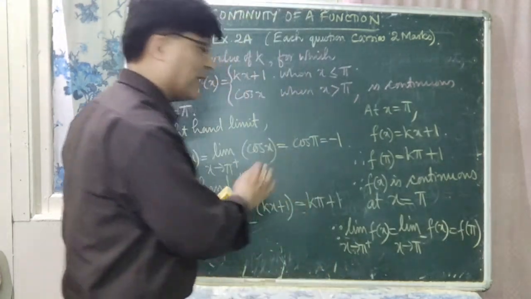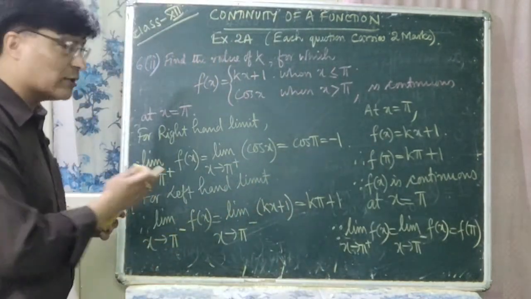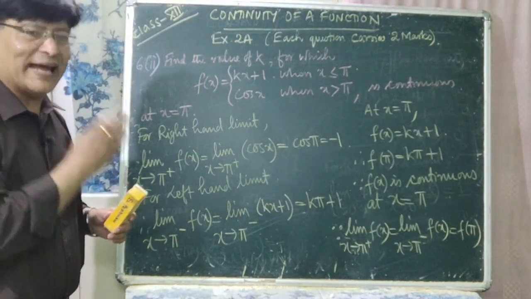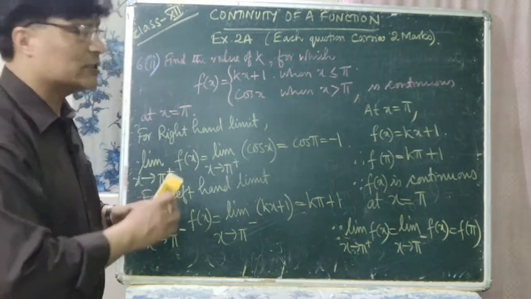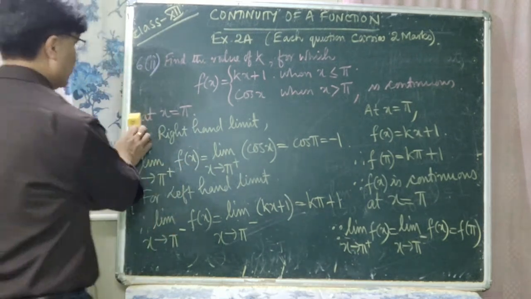The right hand limit is equal to the left hand limit is equal to the value of the function at x equal to pi. All these three must be equal, right?